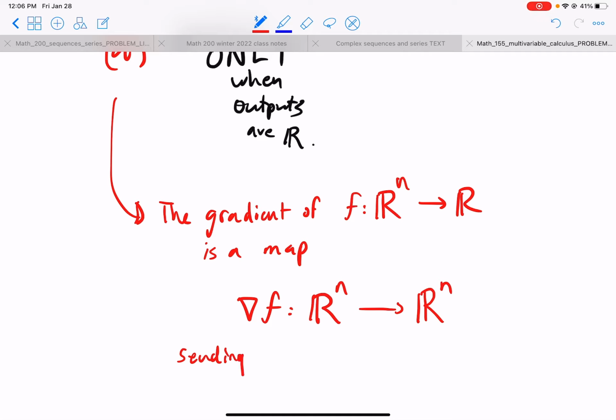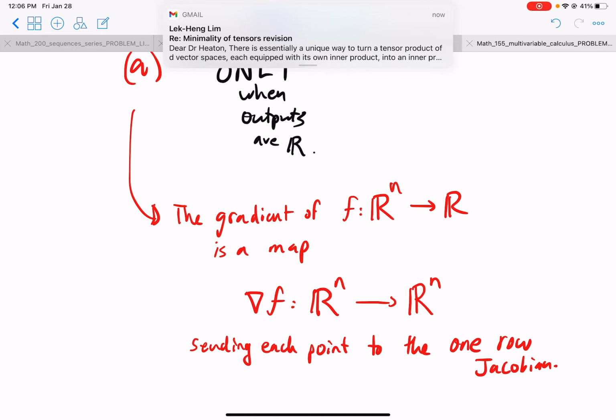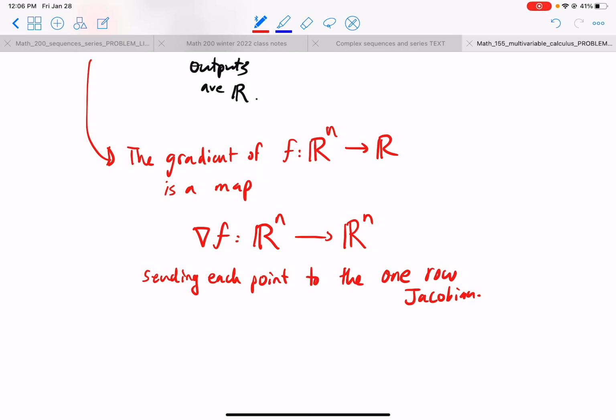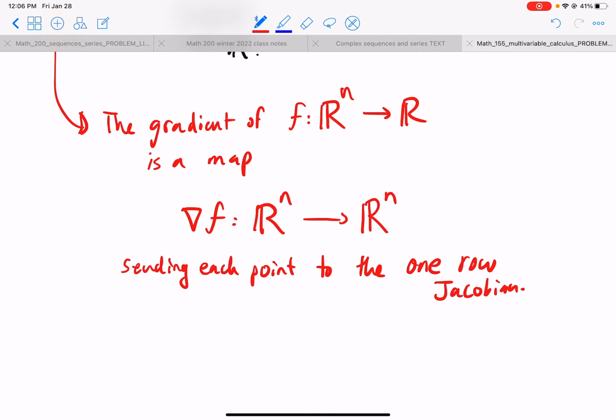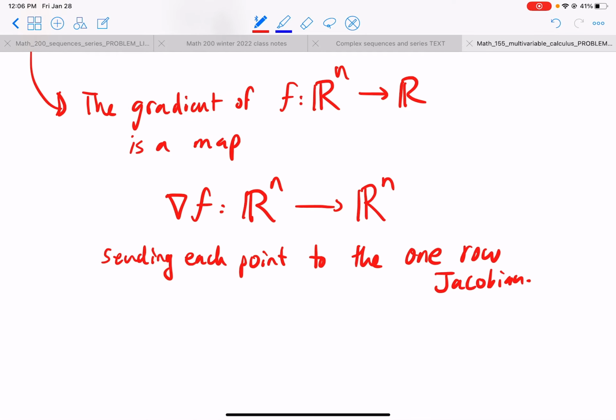Sending each point to the one row Jacobian. Okay, so that's what the gradient is.